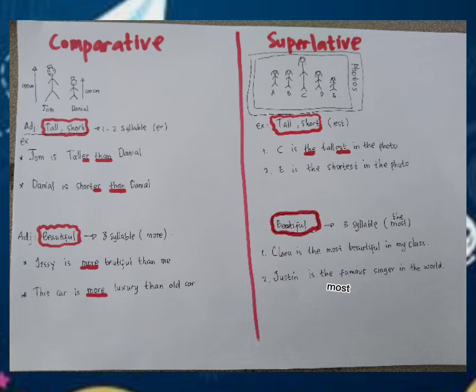That means you must put the most for three syllables. Miss Santi already shared some comparatives and superlatives on your paper, and some irregular adjectives like good, bad. You may find them on your paper. Don't forget to memorize them.